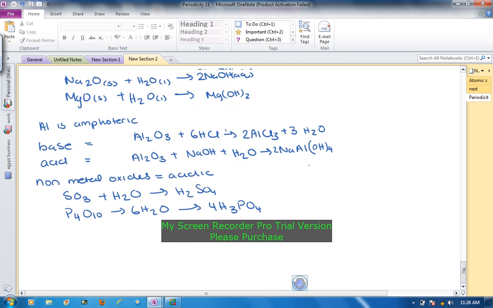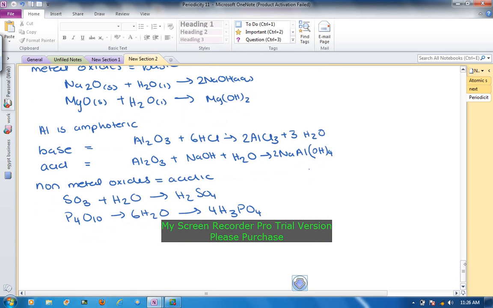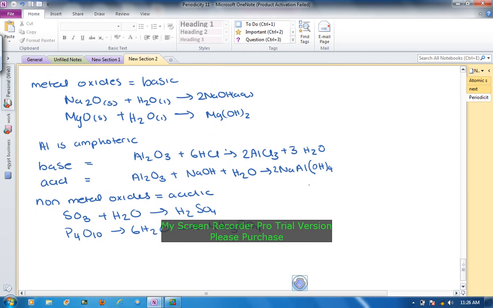Anyway, these are really important formulas that you need to learn. You honestly just need to memorize them off by heart, because they'll ask you how to demonstrate through chemical formulas and reactions with water how the trend changes from basic to acidic in the oxides across period 3.